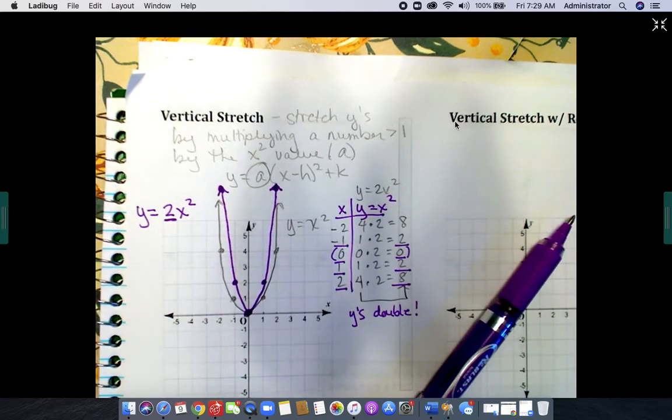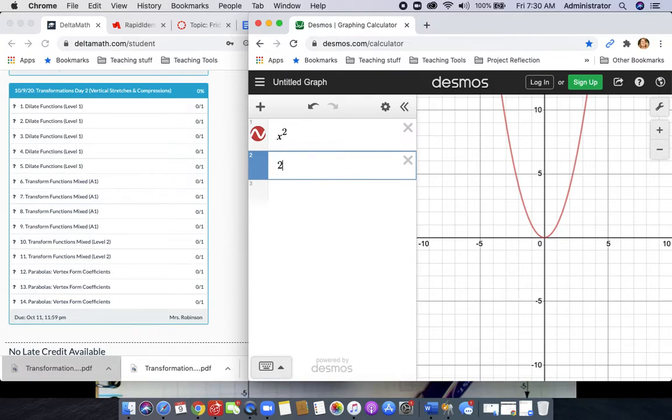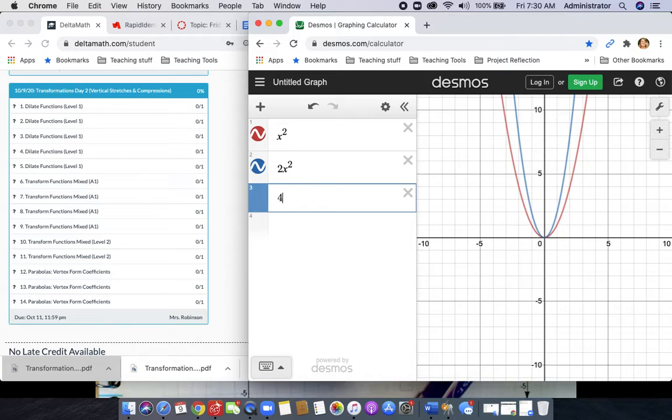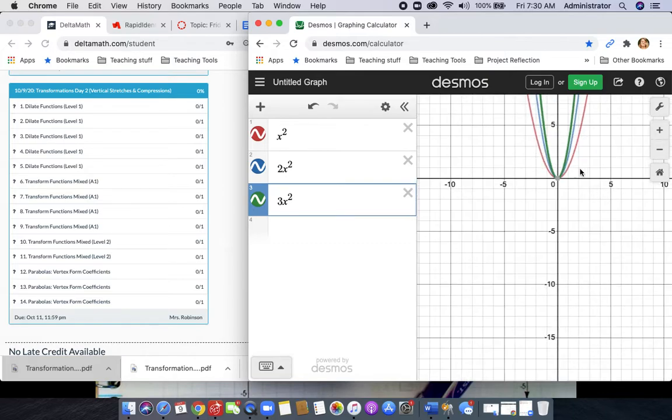In fact, if we were to do a little comparison, so now I'm going to go over here to Desmos. If I type in x squared and we compare that to 2x squared versus 3x squared, as it gets larger and larger, what happens to the graphs? You can see that it goes inward, so they appear narrower.